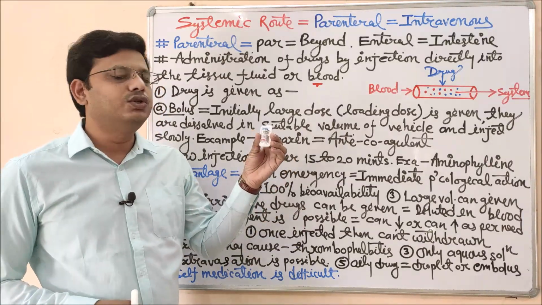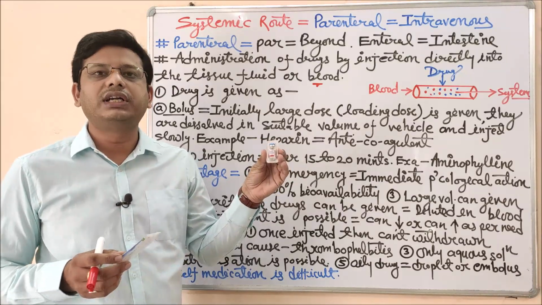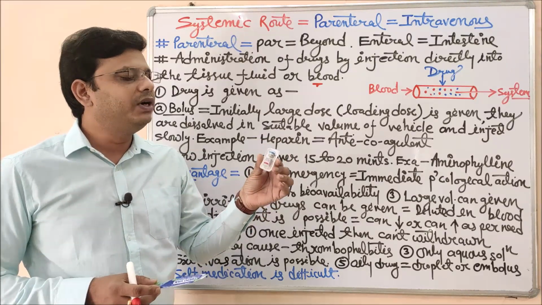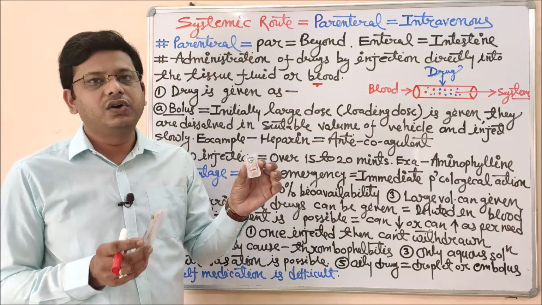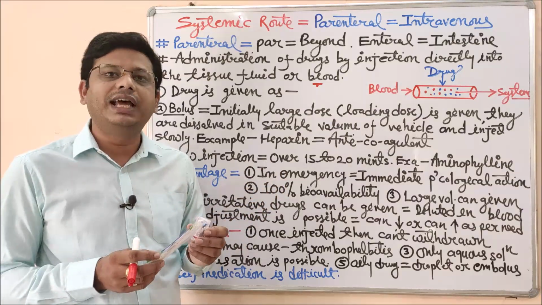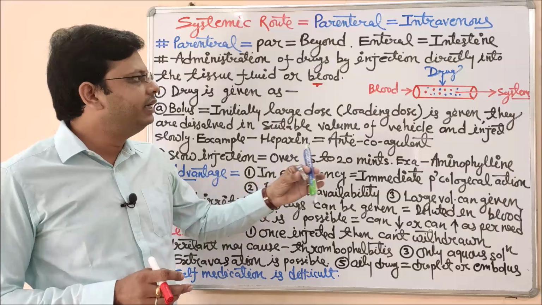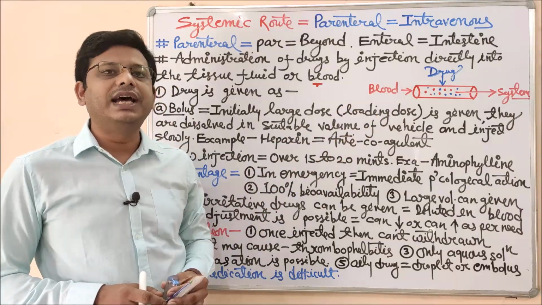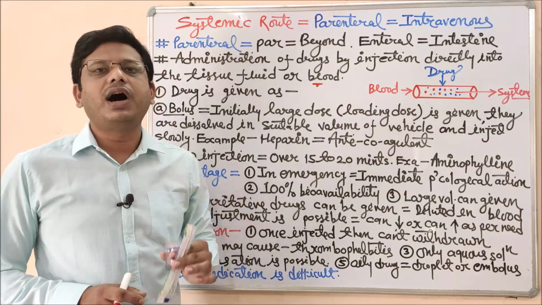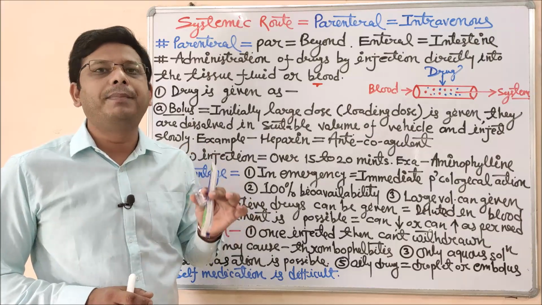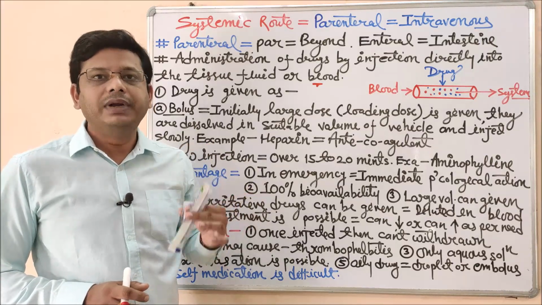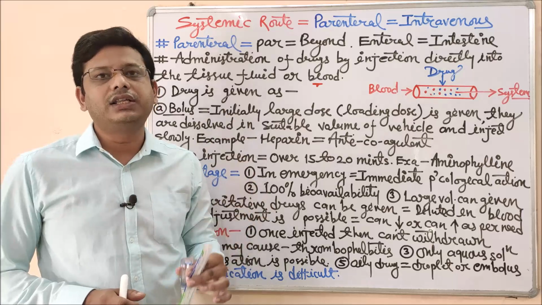This is amikacin, which is used as an antibiotic, for the treatment of infection. After tearing this cap, we have to take the particular amount of drug in this injection with the help of syringe, and with the help of needle and syringe both, we have to introduce that drug inside the vein. That was the actual meaning of parenteral, apart from the intestine, the drug reaches directly into the blood.